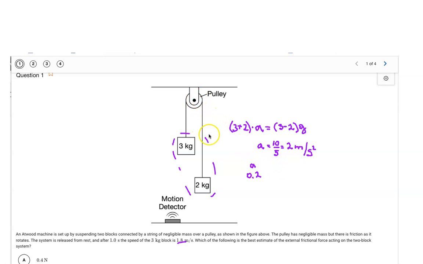That acceleration multiplied by the mass of the system, which is 5, is going to be equal to the net force, which is the force of friction. That's what we want to find. And it will give us 1. So 1 Newton of force of friction is required to provide for this 0.2 meters per second squared acceleration for the 5 kilogram mass.